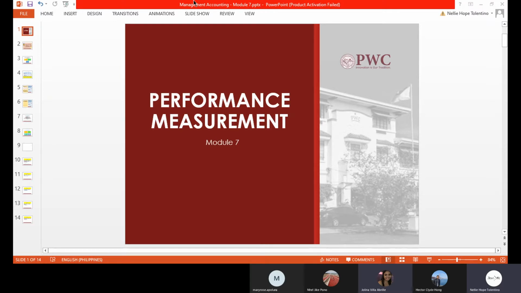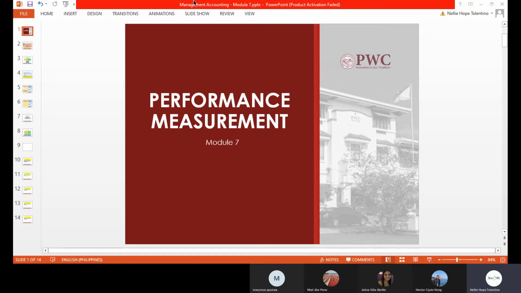So, let's proceed with Module 7. Now, because we're talking about responsibility centers, there should also be a way to know or to measure the performance of each center. For example, the company has different branches. May Davao branch, Iloilo branch, ganon. There should always be a way to know whether each branch, each segment of the company is performing at its best.